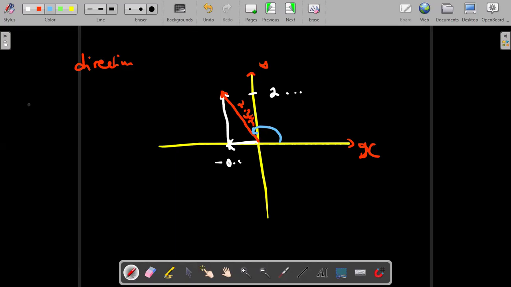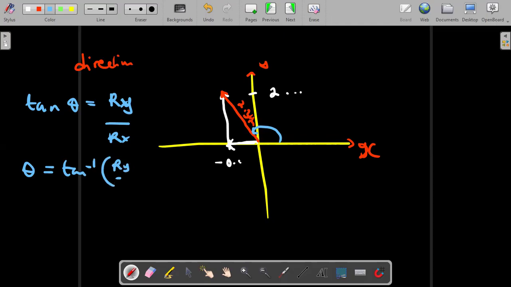As I said, my formula: tan theta is going to be equal to the resultant in y divided by the resultant in x. Meaning theta is just going to be equal to tan inverse of the resultant in y divided by the resultant in x, like that.